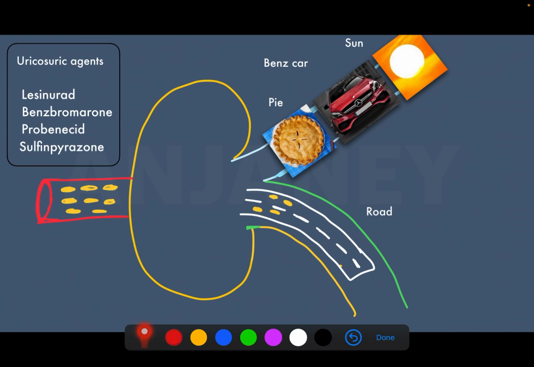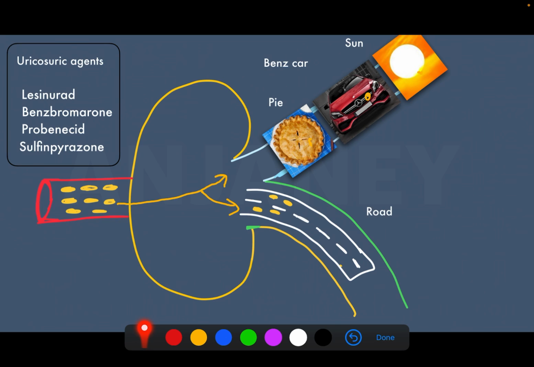Just learn the diagram that uric acid is not going inside the body, it is going outside via urine. Why? Because here there is a pie, a car, and a sun. Three things are there in order to stop uric acid from going. So from pie we have probenecid, from Benz car, this is a Benz Mercedes car, we have benzbromarone, and from sun we have sulfinpyrazone.